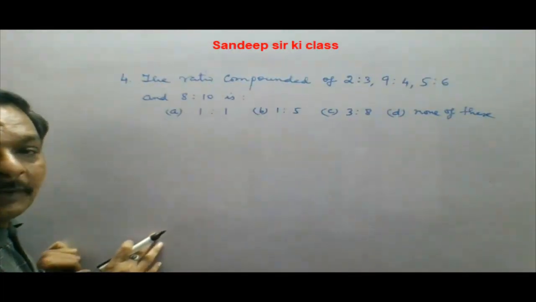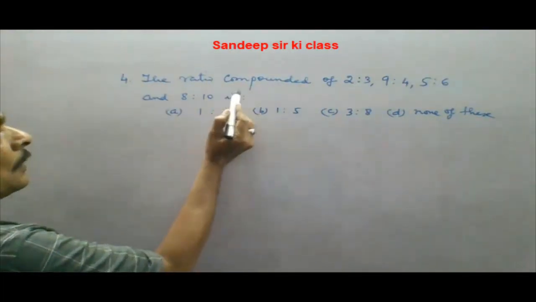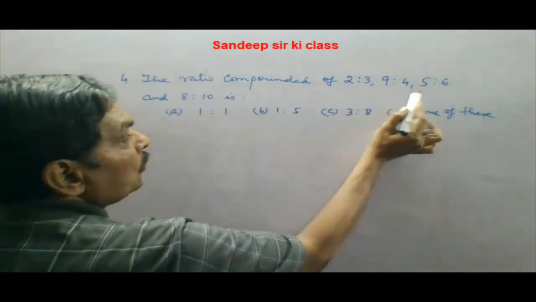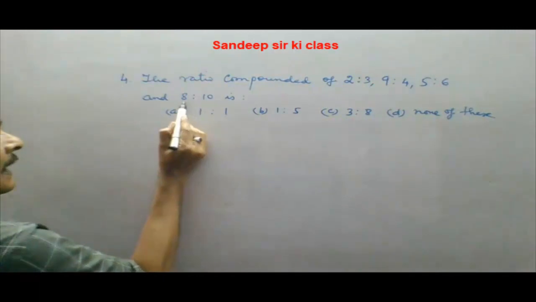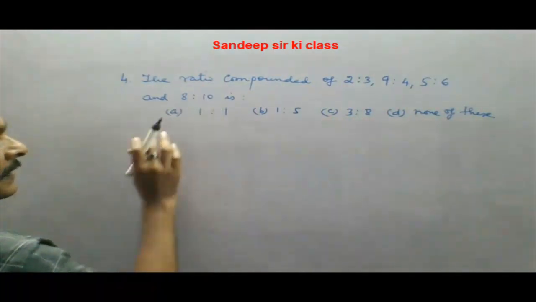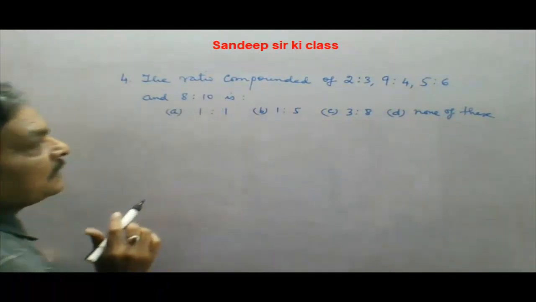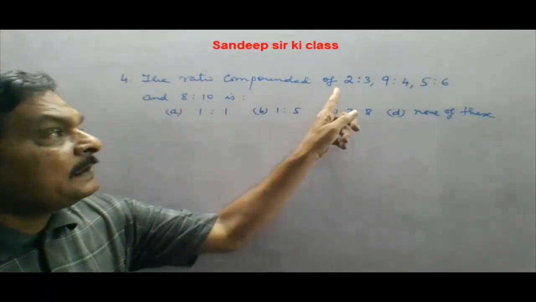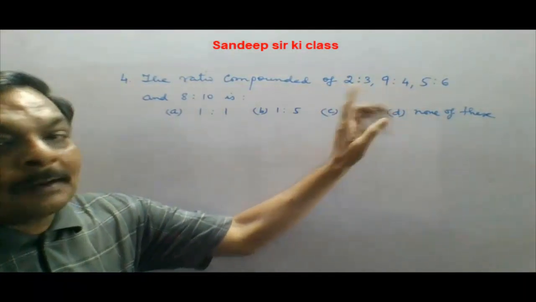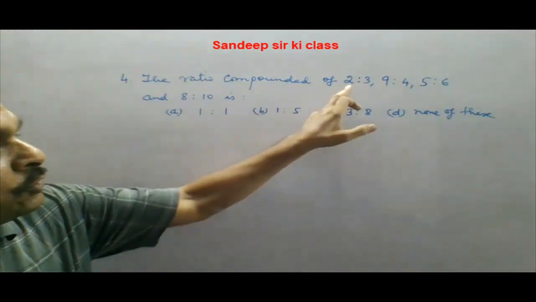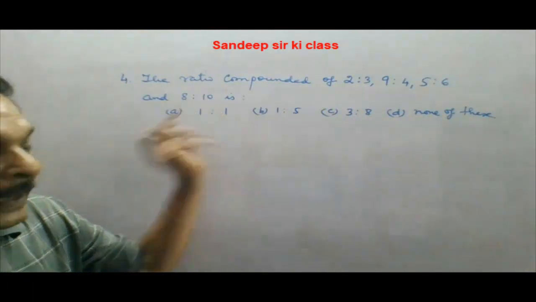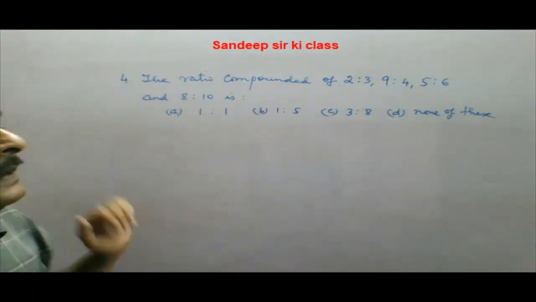Now, we will see the next problem. Now, we will see question number 4. The ratio compounded of 2 is to 3, 9 is to 4, 5 is to 6, and 8 is to 10 is, and these are the options given to us. Now, we know that for the compound ratio, the given ratios are multiplied.